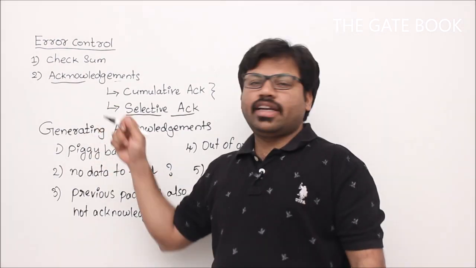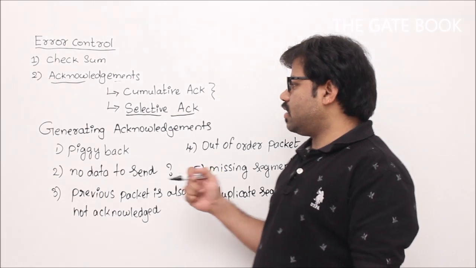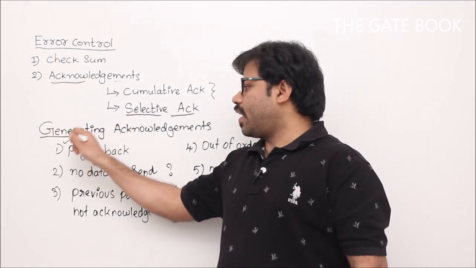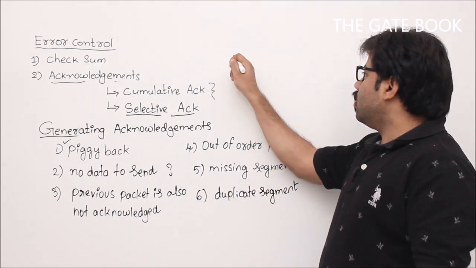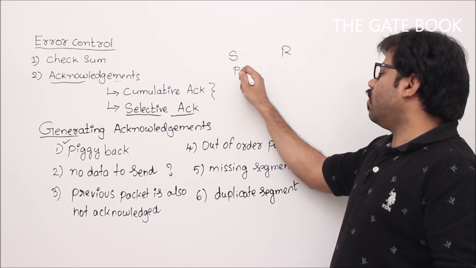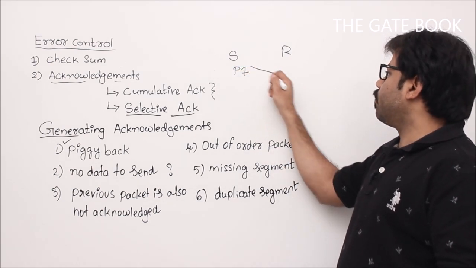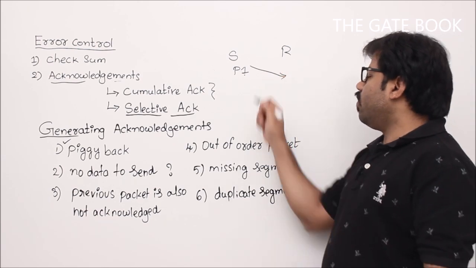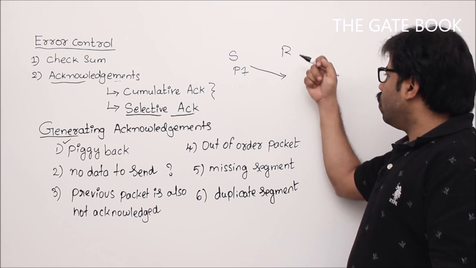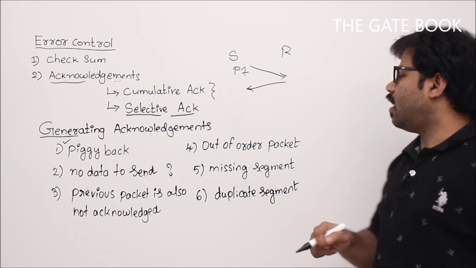So how to generate this kind of cumulative acknowledgements, we will see in various cases. Generally, when you have data to piggyback, this is the sender, this is the receiver. Sender is sending packet number 1. Assume that 1 is the sequence number. Whenever P1 is sent, the receiver is going to send an acknowledgement immediately whenever there is data.